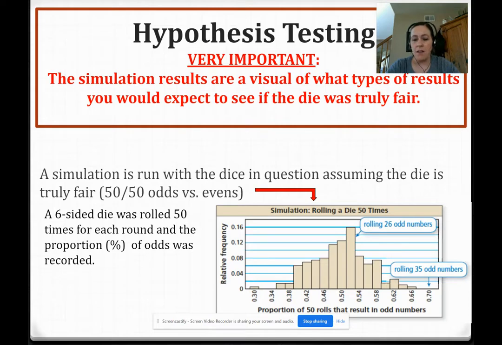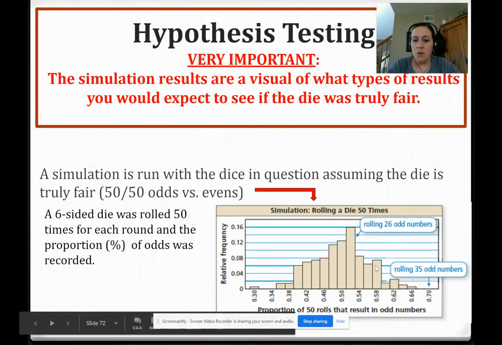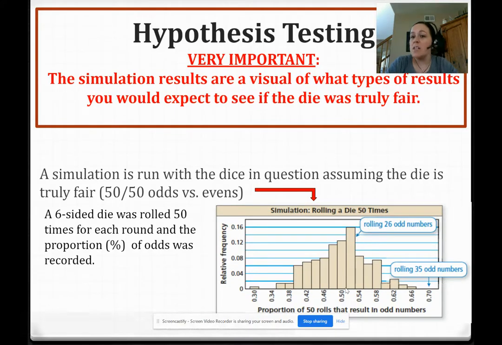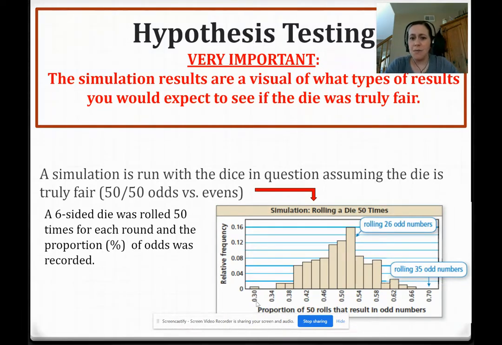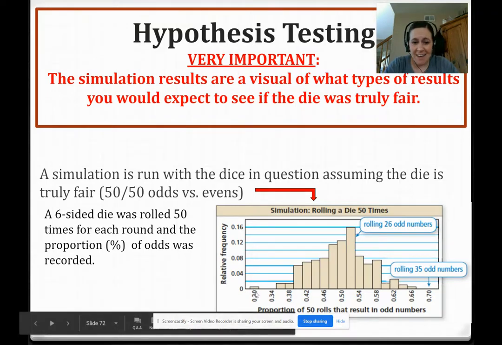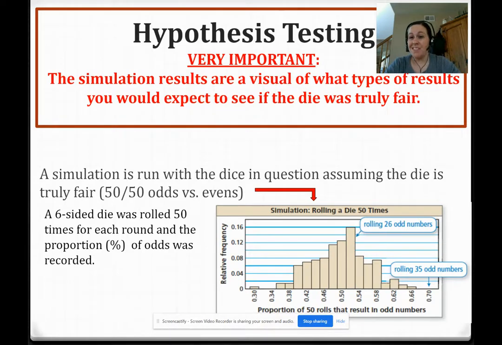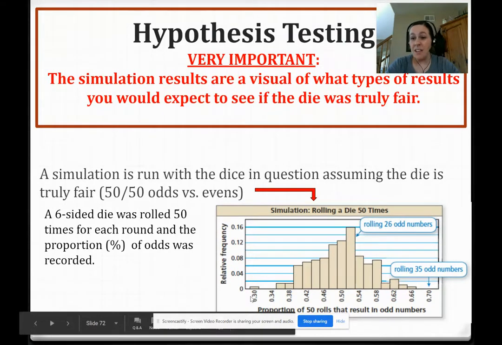That's not going to happen. But you should notice a lot of your results center around 50-50 evens and odds. And every once in a while you get those odd samples. Down here all the way to the left, it shows that I did 50 rolls and I just happened to get only 30% odd numbers, which would mean 70% evens. It's not likely that that would happen, but it is possible.